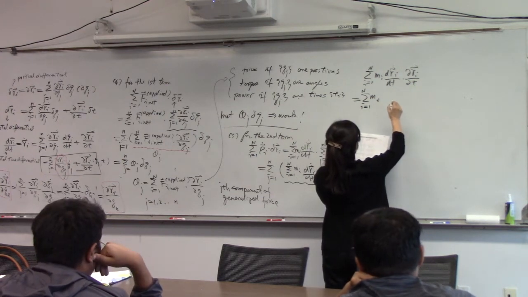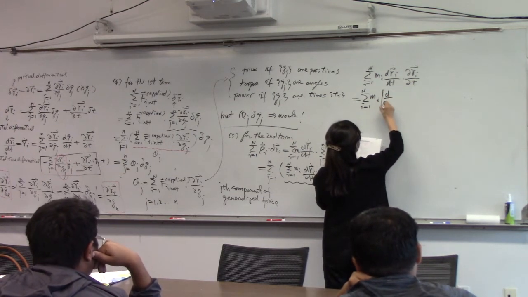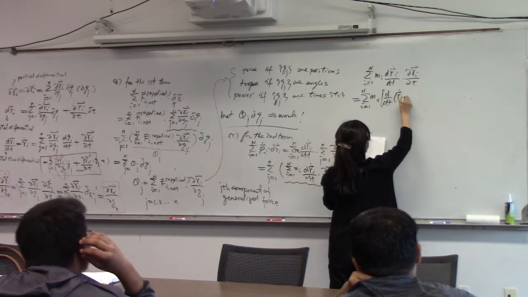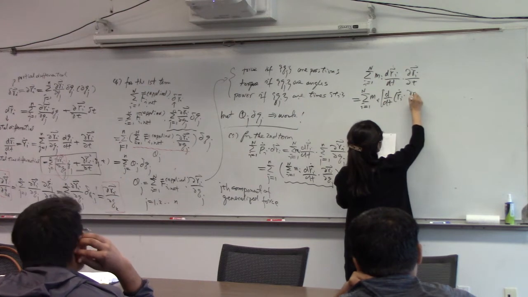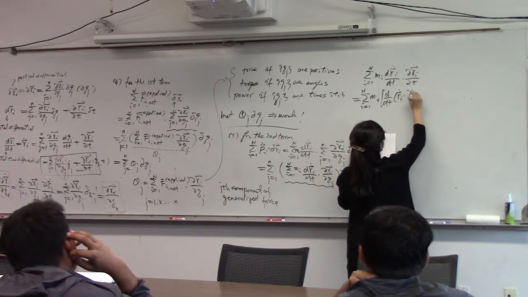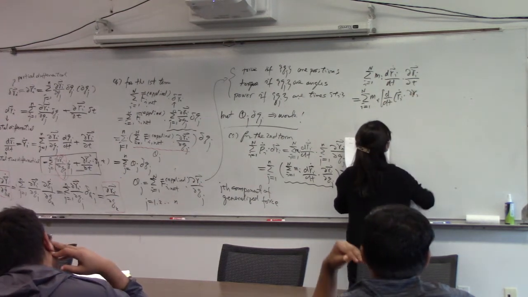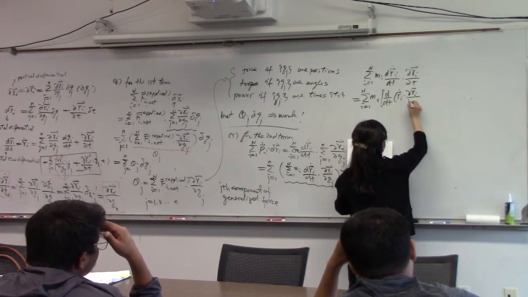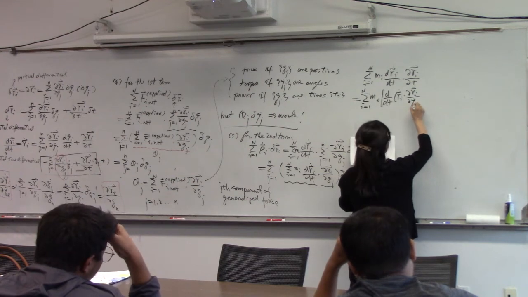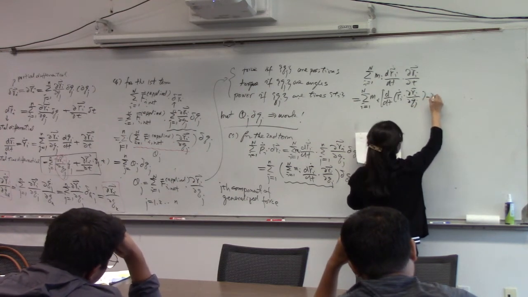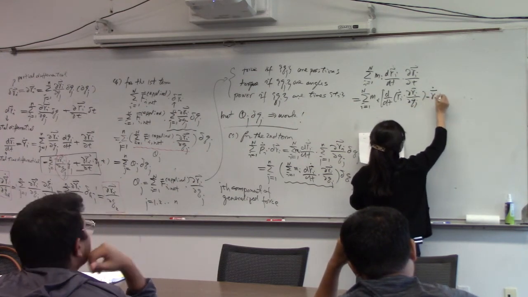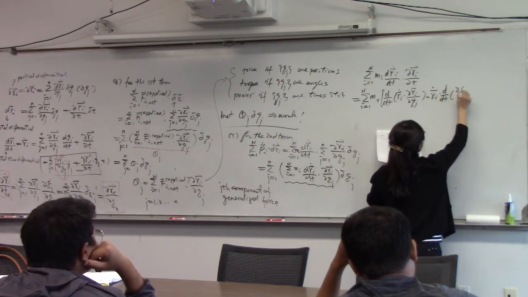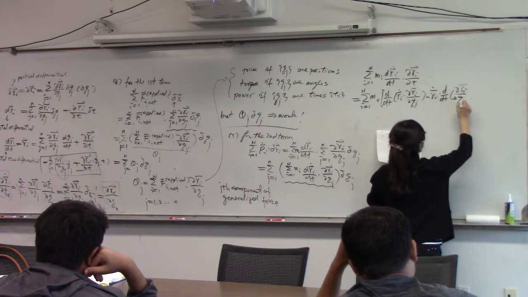That is equal to d dt. There are two terms. Is r dot inner product of partial ri partial qj minus r dot d dt partial ri partial qj.